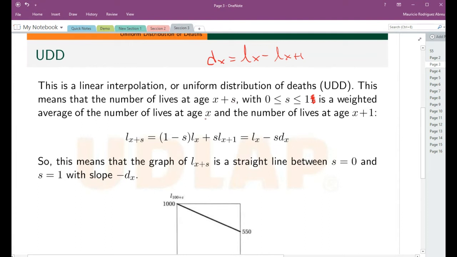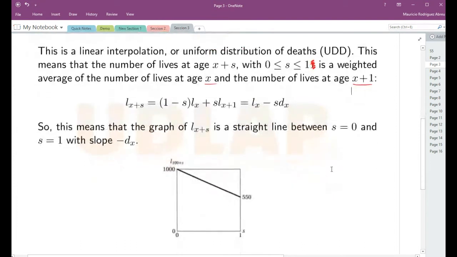So this is what I just told you. Between x and x plus 1, what we have is this thing, okay? So essentially, this is 0 and 1, and we can locate the value of s at any point between 0 and 1, right? So let's say that I decide to estimate this value.